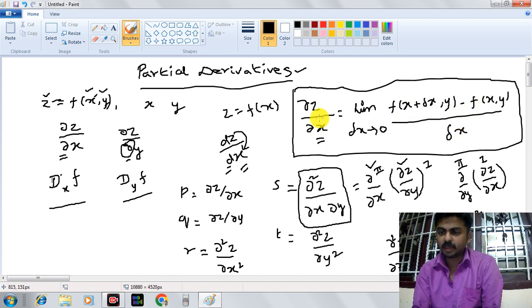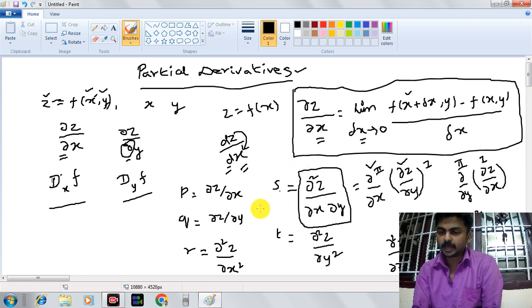In the same way, when we want to write dou z by dou y, instead of x it will become limit delta y tends to 0, f of x alone comma y plus delta y minus f of x comma y divided by delta y. So this is the definition of dou z by dou x and dou z by dou y.